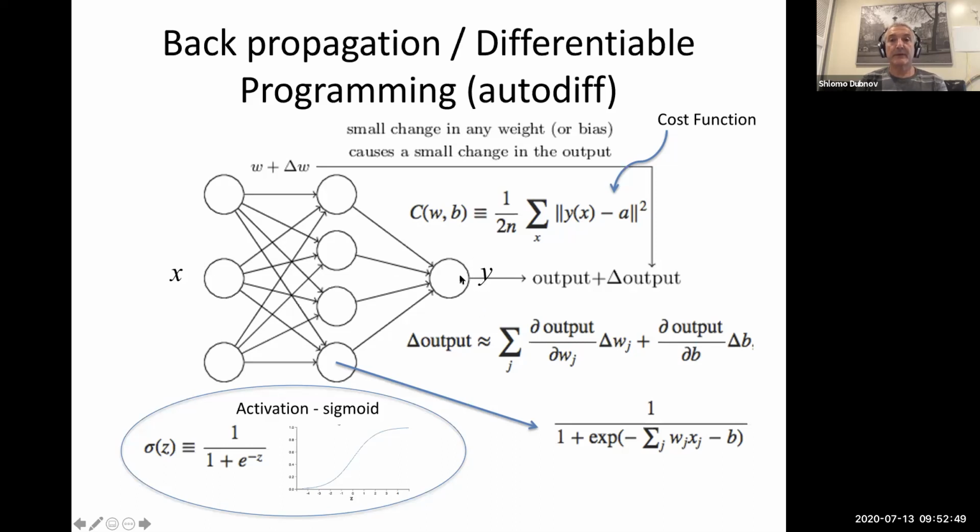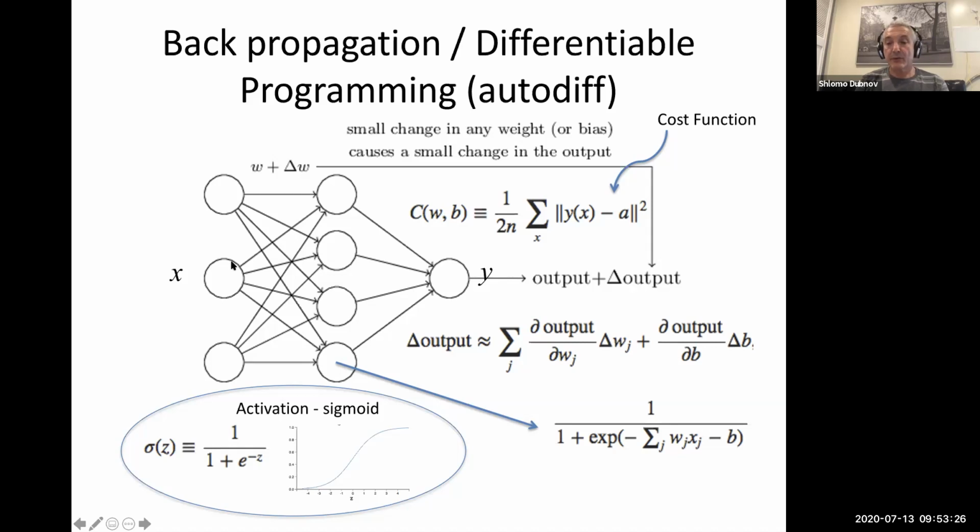So the whole idea of auto-differentiation or backpropagation is that now we can change the weights so our output becomes closer to what is desired. By making a small change in the output, we basically differentiate this function, and the small change in the output will be changing the output by changing the weights, and the weights are the w's and the b's, and this is basically the chain rule in calculus that is applied to backpropagate the error.